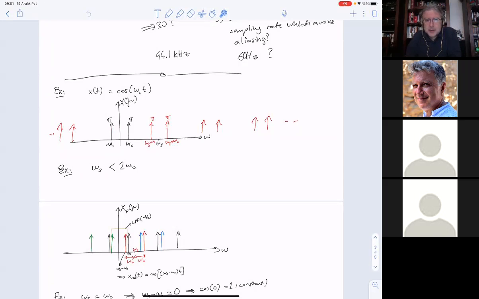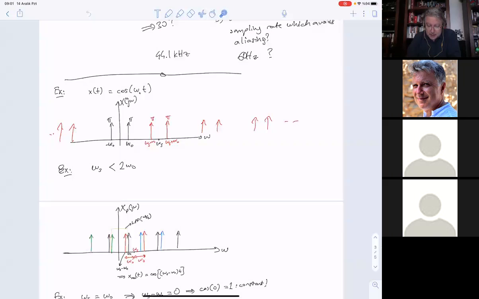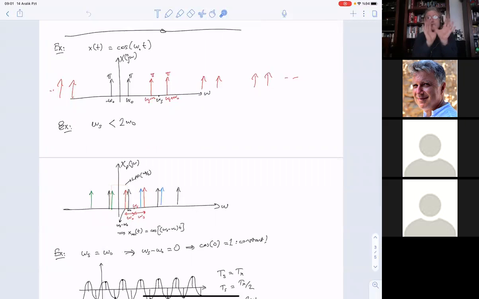However, if omega s is less than 2 omega 0, then the impulses will again be repeated periodically around omega s, but they start overlapping with one another. They start appearing inside a place where they shouldn't be.